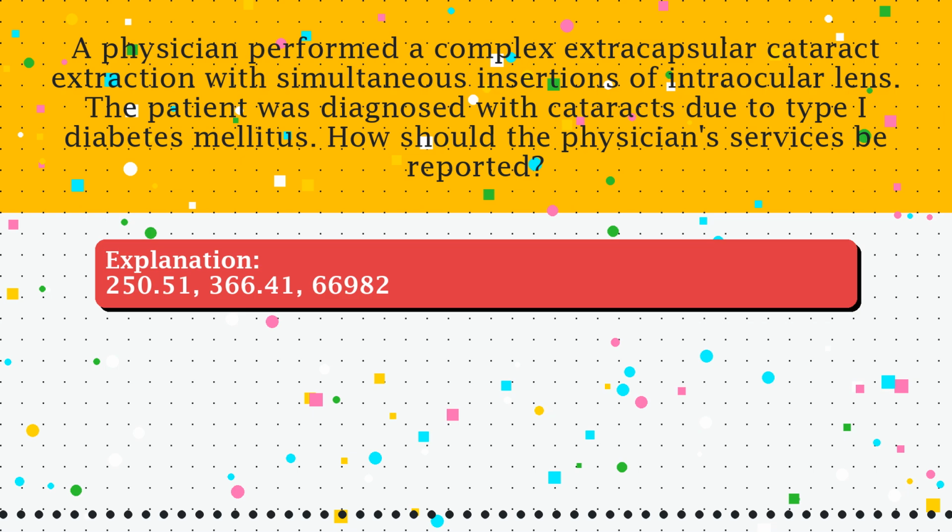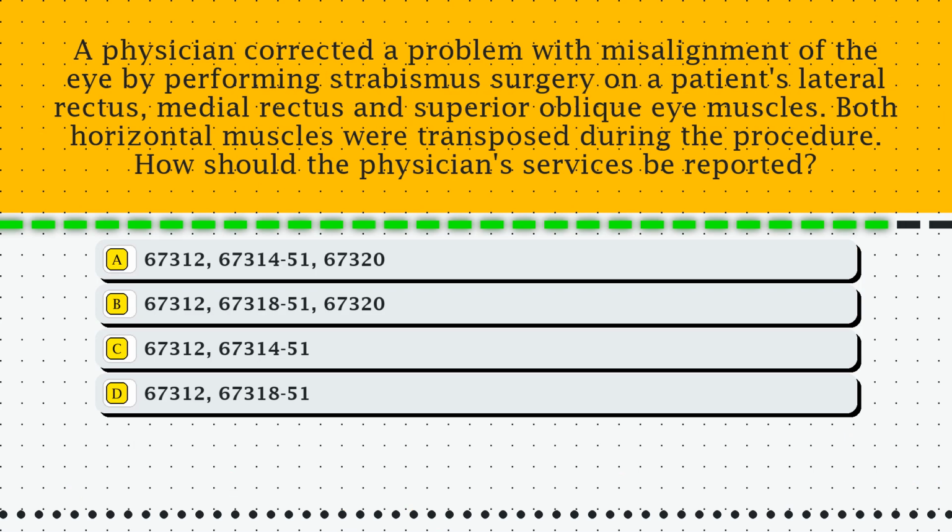Question 95. A physician corrected a problem with misalignment of the eye by performing strabismus surgery on a patient's lateral rectus, medial rectus, and superior oblique eye muscles. Both horizontal muscles were transposed during the procedure. How should the physician's services be reported? Option A, 67,312, 67,314 to 51, 67,320.